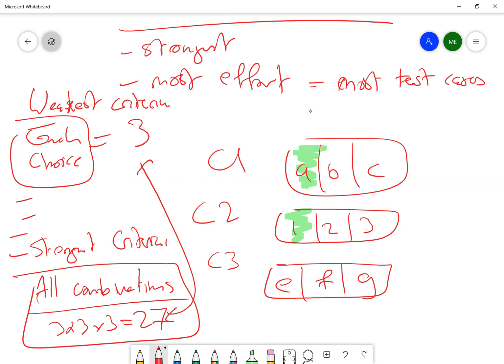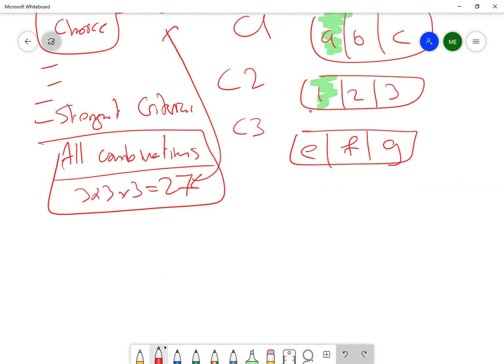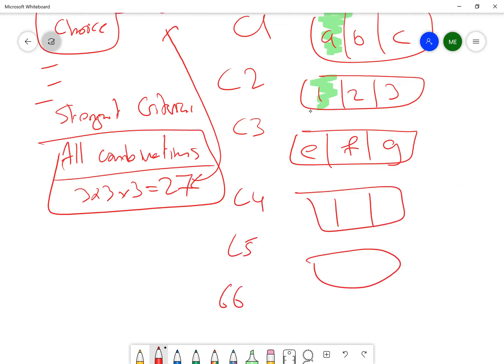I mean, if we theoretically go C4, C5, C6, and each one of them has three characteristics, I could still have done the whole job. I could have satisfied the each choice coverage criteria with just three tests. Whereas all combinations is going to blow up significantly. It would be 27 multiplied by 27. I don't know how much that is.